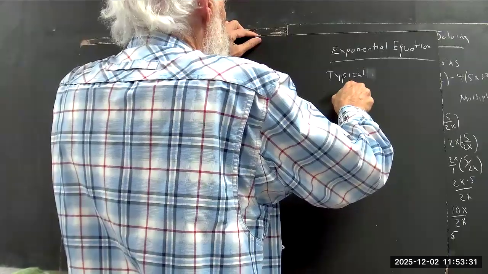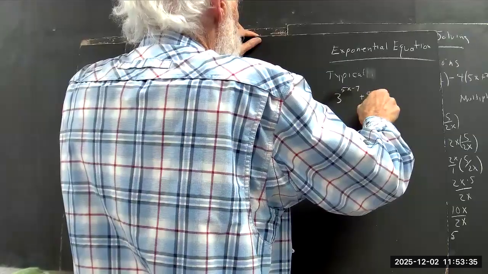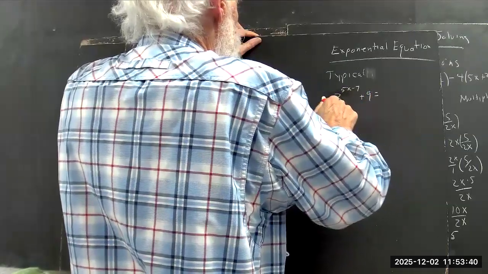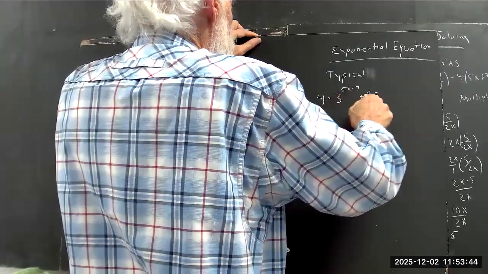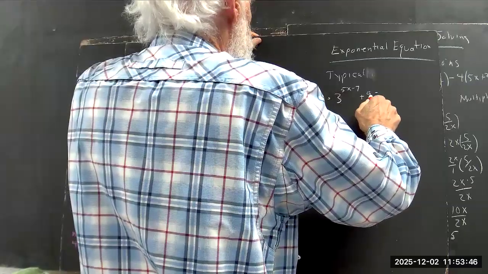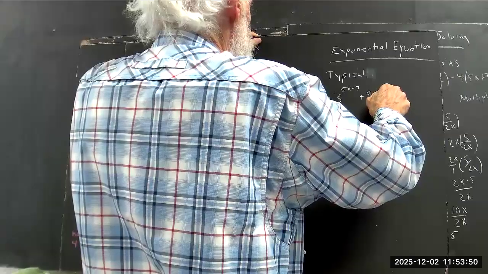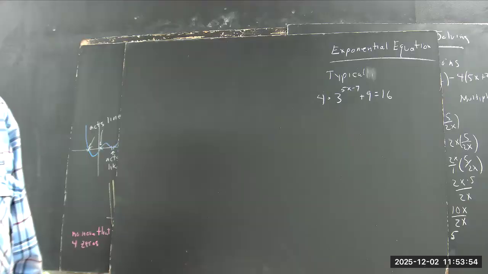3 to the 5x minus 7, times 4, plus 9 equals 16. Okay.